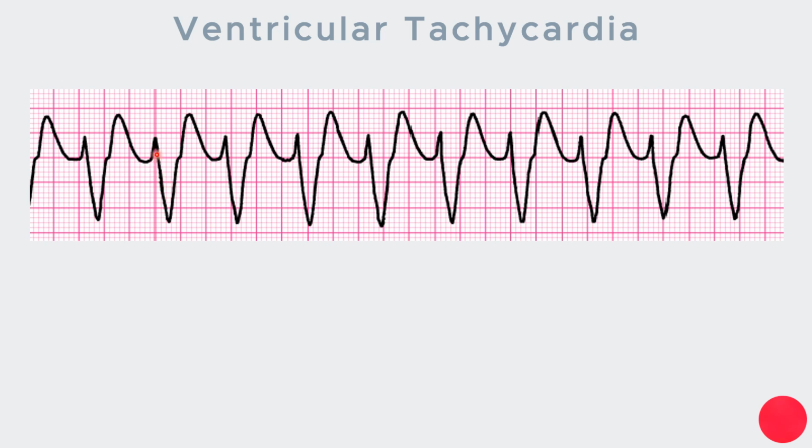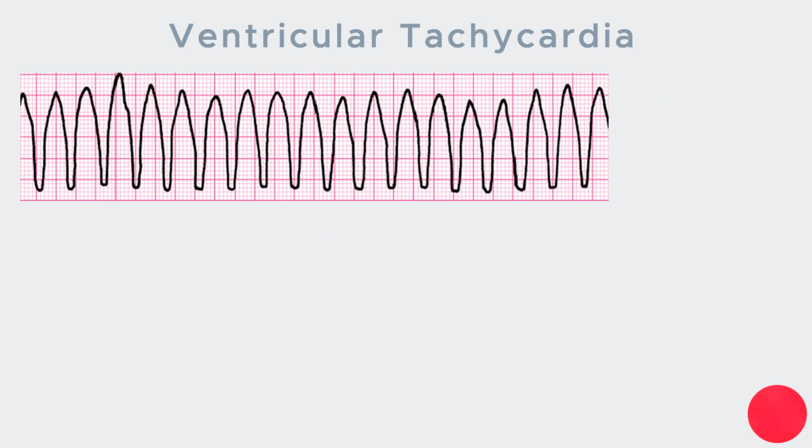You can see this is our T wave here, our QRS, and then T wave when we're looking there. On this strip, the heart rate is 100 per minute. Your QRS is measuring 0.16 seconds, and this is ventricular tachycardia.